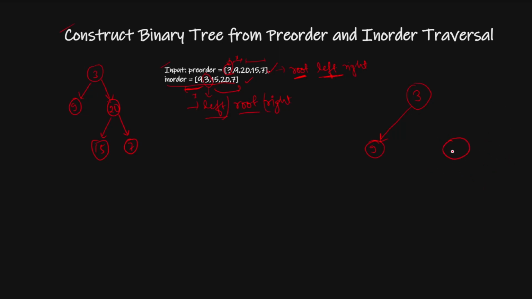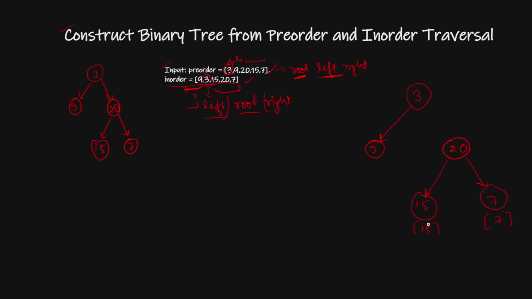I have this 20 as root, and for this root I will have my 15, and here also my 15. This is my inorder, this is my preorder, and there is no link right now. And there is 7, and for 7 also there is 7. If you see, there will be no left and right for these. So this will be our node, and this will return to its left, so our left will point to this. This will return to its right, so our right will point to this.